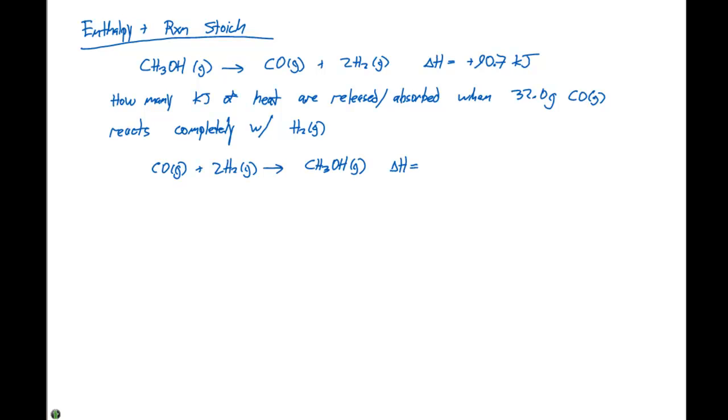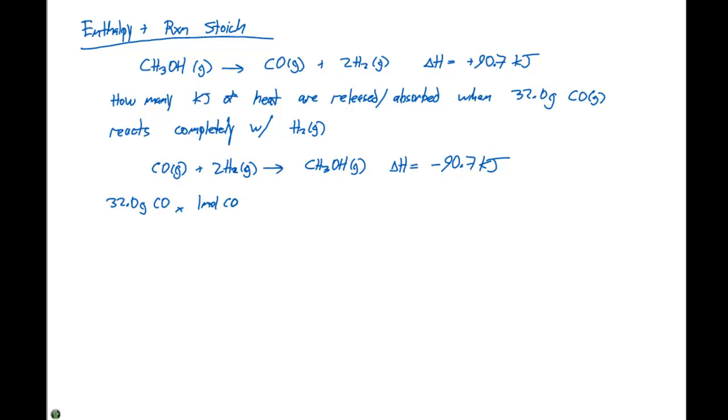And the delta H for this reaction is going to be negative 90.7 kilojoules, because we can use our properties of delta H and energy to determine the delta H for the reverse reaction that we had been given. So then we can take our 32.0 grams of CO.